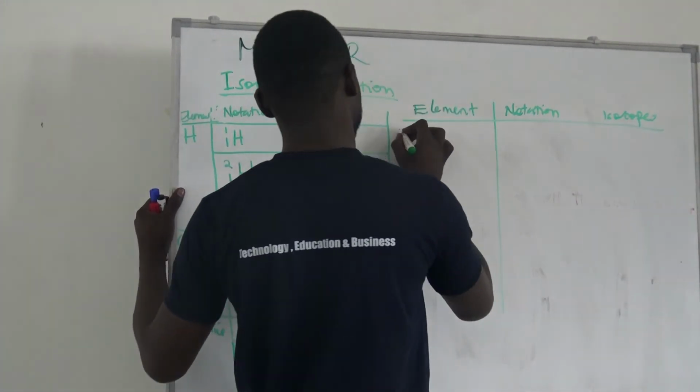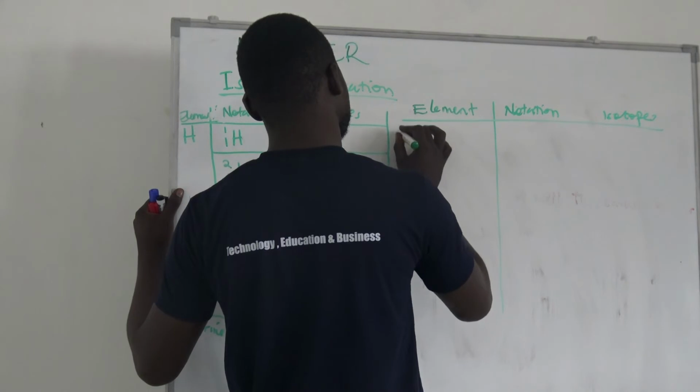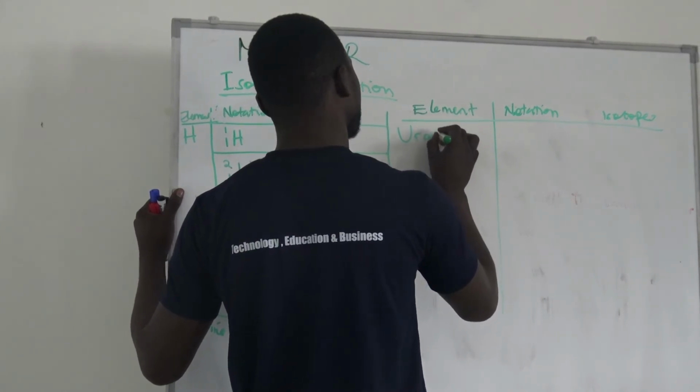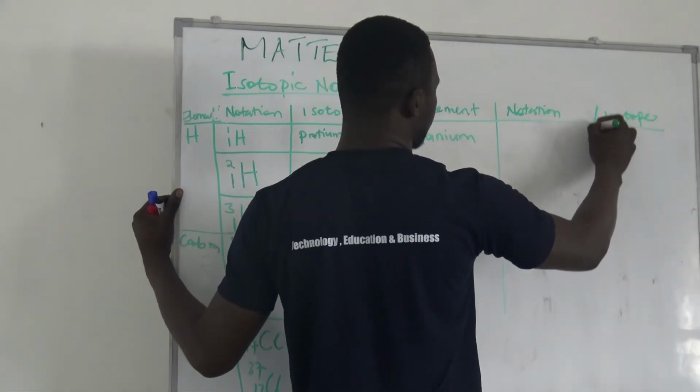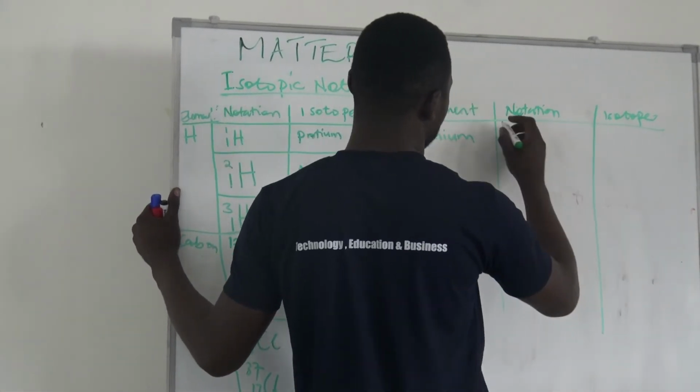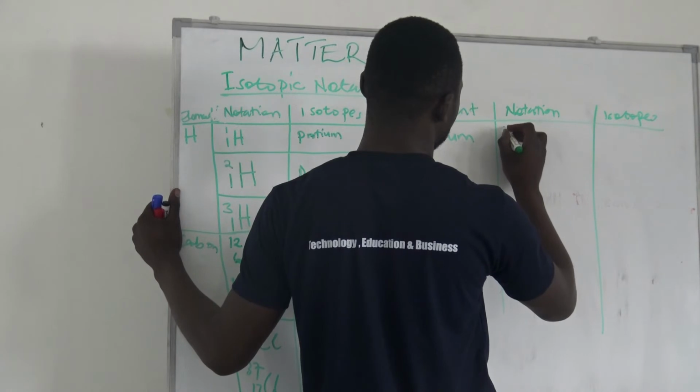Another element we're going to look at is uranium, and you know that this is useful in making nuclear power and nuclear weapons.